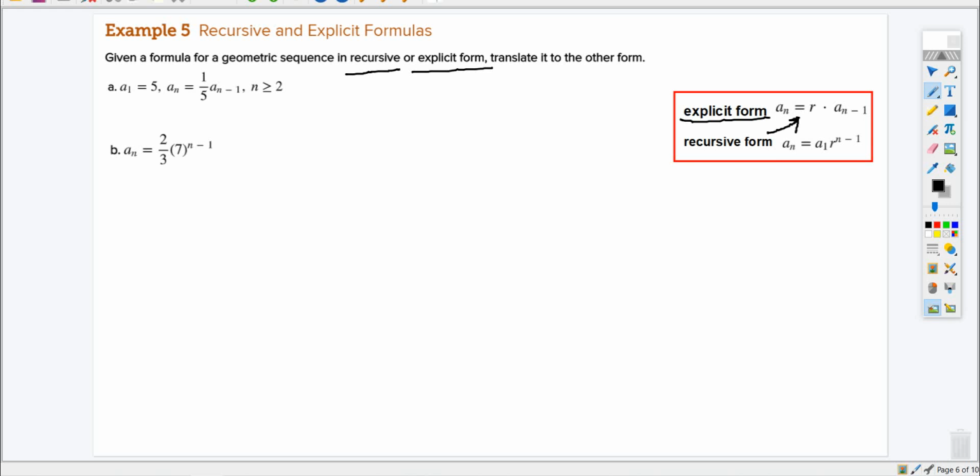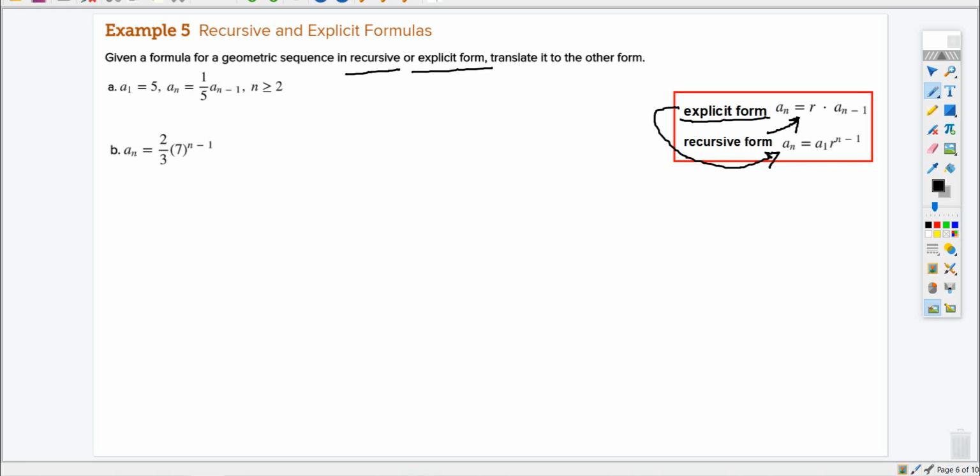The an is equal to r times a(n-1). It's basically the nth term is equal to the common ratio times the previous term. And explicit form is actually this way. an is equal to a1 times r to the power n minus 1, which means the nth term is equal to the first term times the common ratio to the power n minus 1.